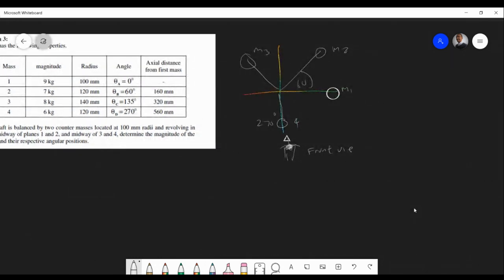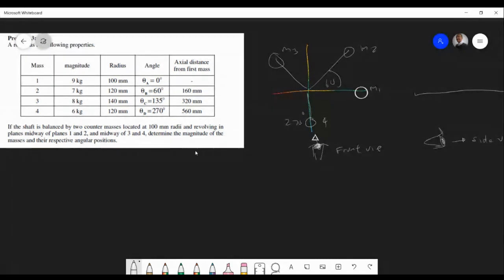But looking from the side view, I'm trying to make an eye. Side view. It's like this, and they state the position.